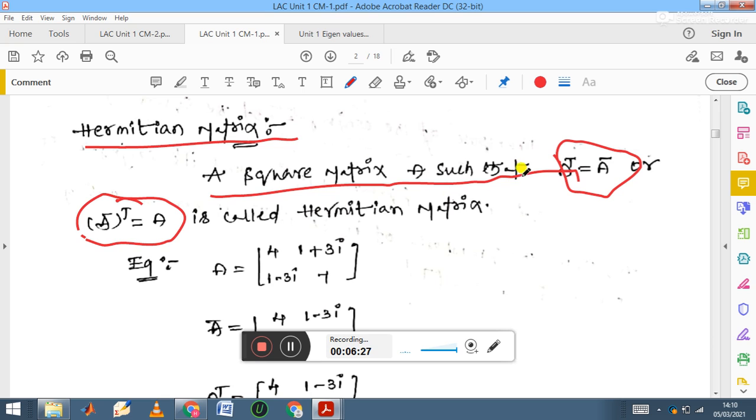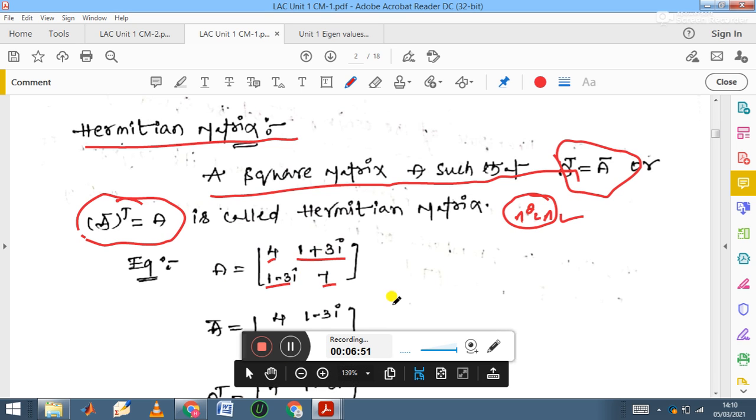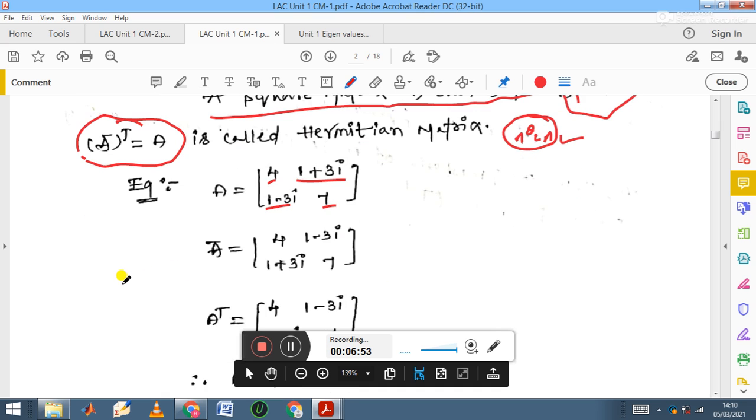In short notation you can also write this as A power theta equals A. If the given matrix satisfies this condition, then it is said to be Hermitian. They give one example, A equals 4, 1 plus 3i, 1 minus 3i and 7. We need to find whether this matrix satisfies the Hermitian definition or not.